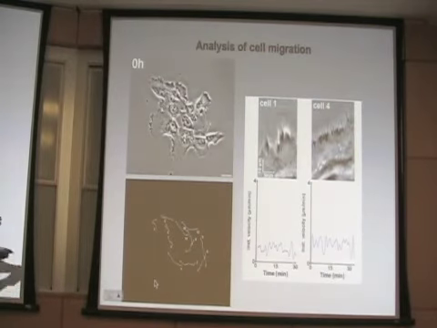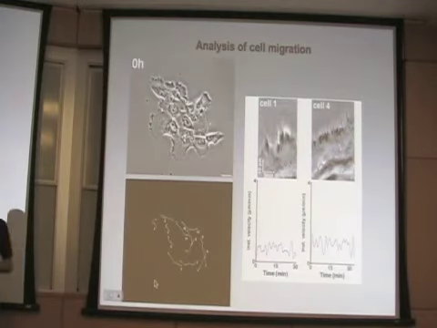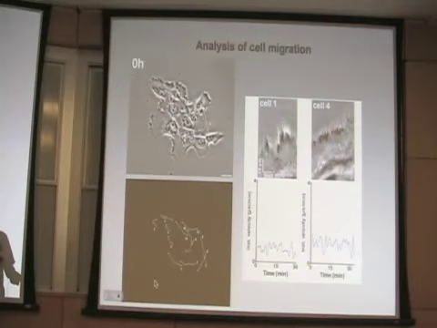So this is pretty straightforward. You can collect not only data from single cells, but also from cell groups. And the next step, we were asking, how can we alter the cell migration? What can we do to get further information about changes?